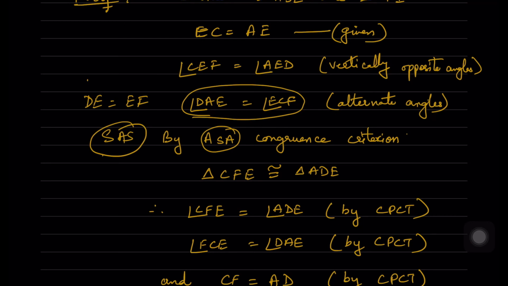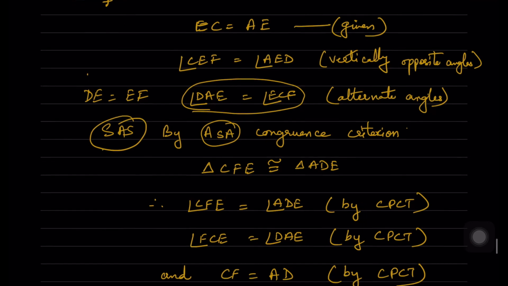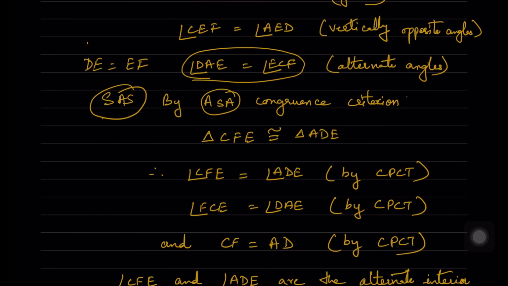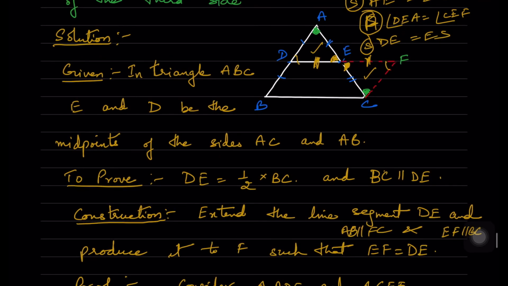By the SAS congruence criterion, you have triangle CEF congruent to triangle ADE. So therefore you can tell that the corresponding parts of congruent triangles, whatever are left over, are all equal. Therefore we have angle CFE is equal to angle ADE, angle FCE is equal to angle DAE, and CF is equal to AD. This side is equal to this side.